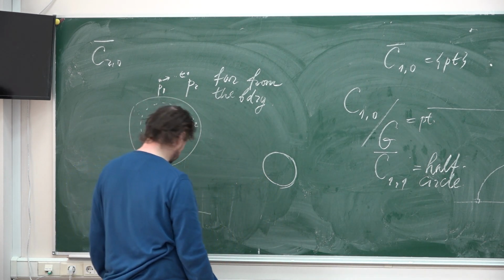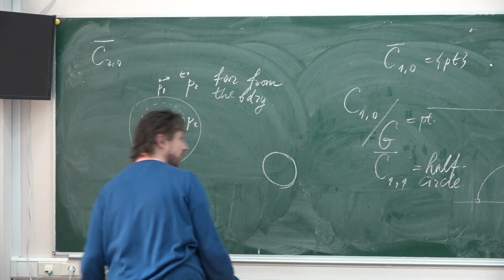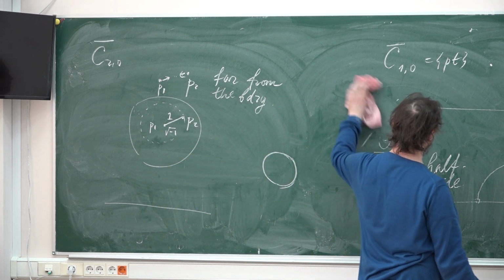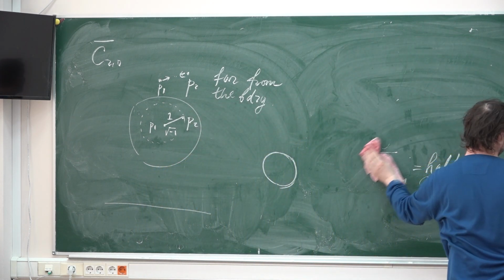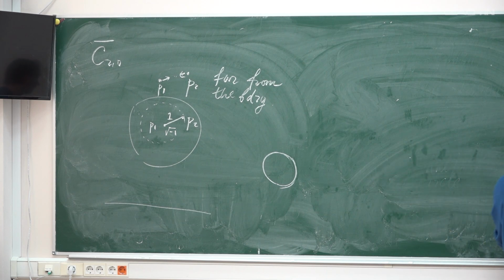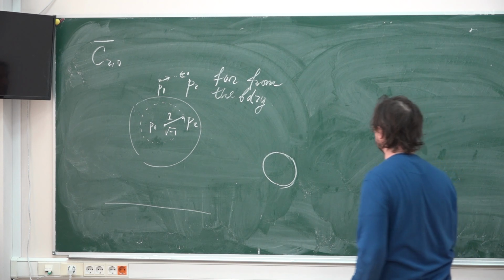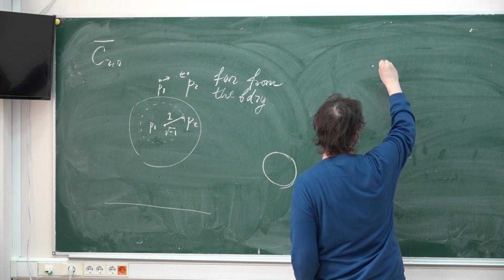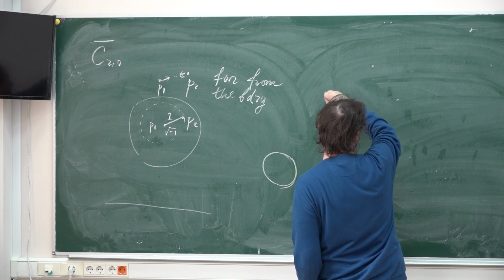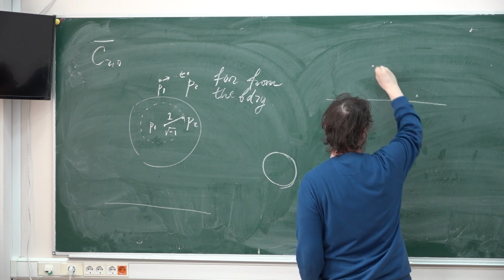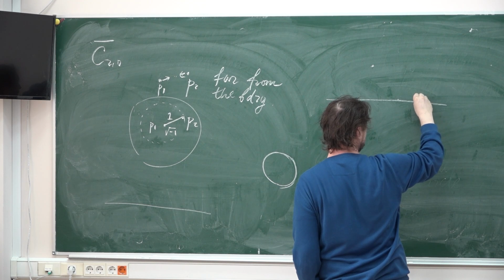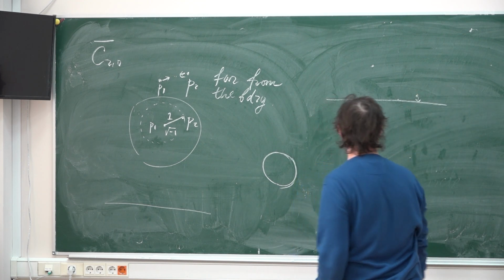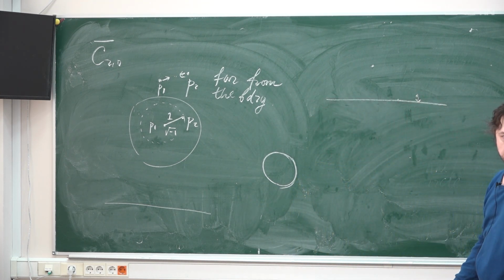There are two other situations when we need to intervene into the position of points. These two situations correspond to a case when these points are far away from each other, more or less, but one of them goes towards the boundary. Right?